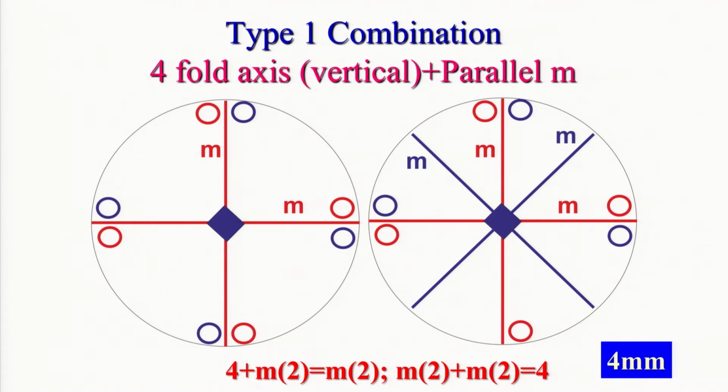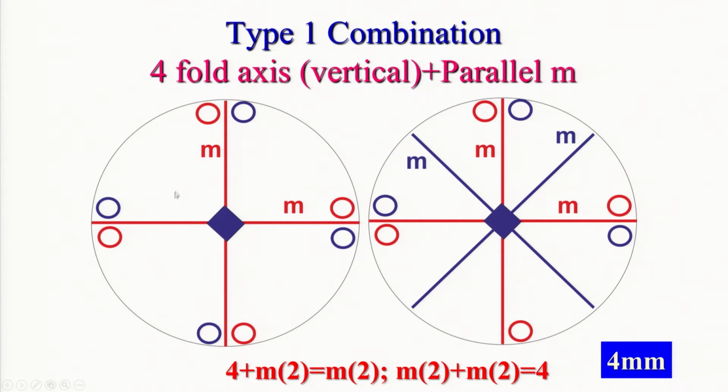Okay. So, here we start with a vertical fourfold axis of rotation. We have one mirror plane shown by the red bold line, and if this is a vertical fourfold axis of rotation, immediately you know that a 90 degree rotation of this mirror plane will give rise to this mirror plane here.